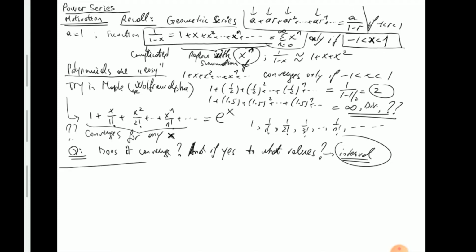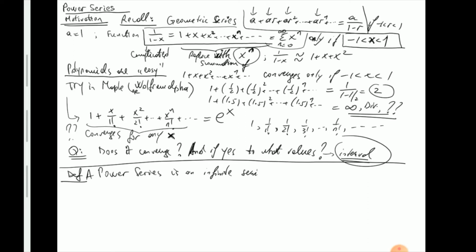So without further ado, let's write down the definition of what we call a power series. A power series is an infinite series of the form summation from 0 to infinity.